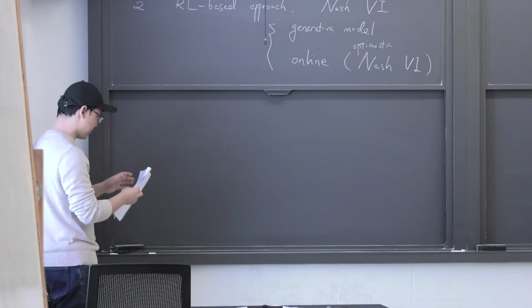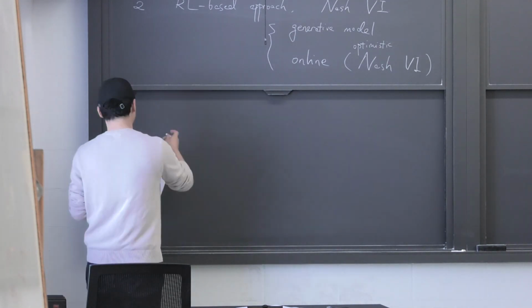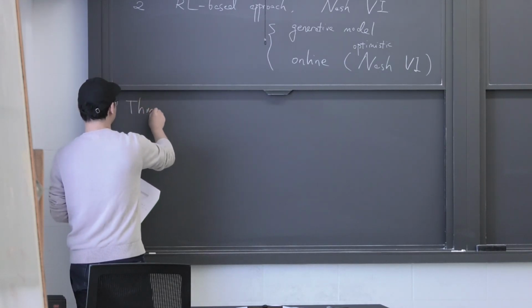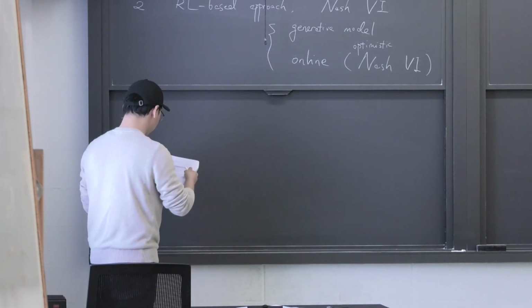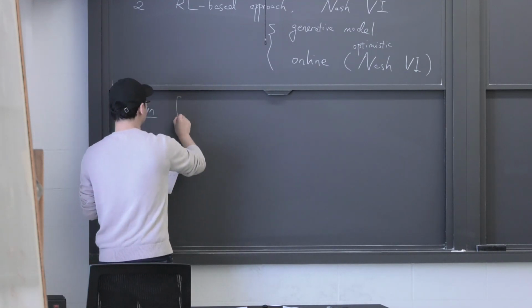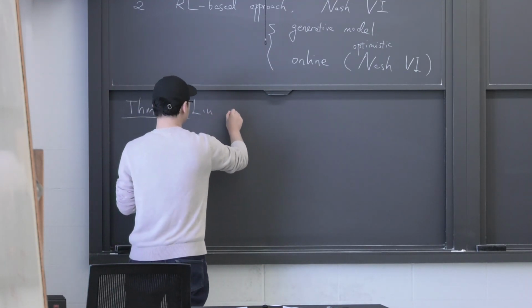So we are just left with the one thing we haven't talked about, the guarantees for this Nash value iteration algorithm. This is what we will provide today.